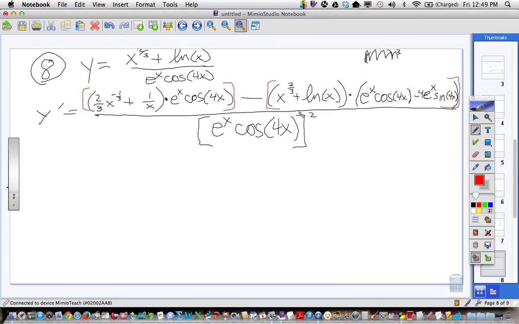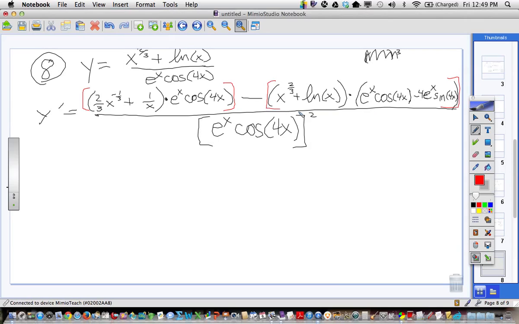Now this one, B is a factor. This one, I could take out. The D would just kind of hang out there, which is kind of like this piece. And in this set of parentheses here, I've got e to the x in each of these. So I could take out a B and then have that like so, right?